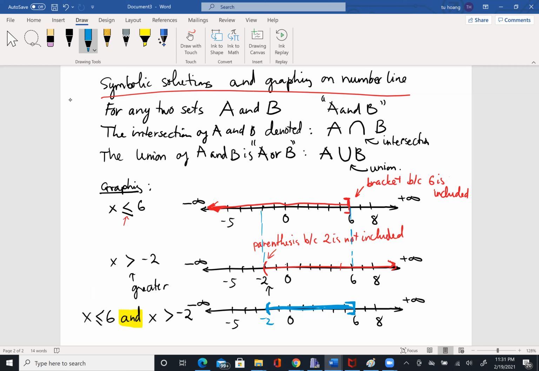So this means that from -2 to 6 satisfies the compound inequality with N for this case.